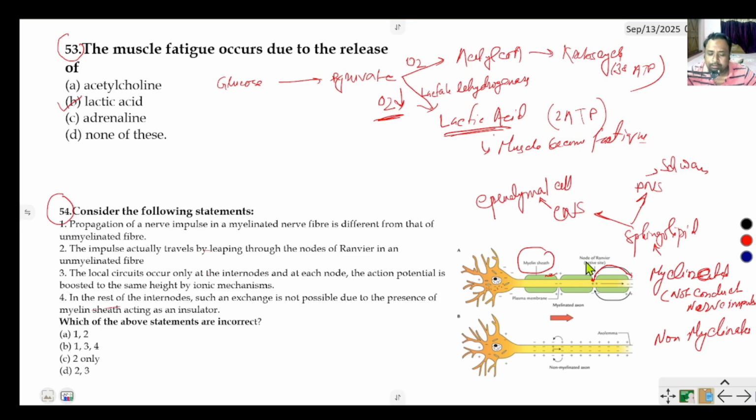So the nerve impulse moves much faster in a myelinated fiber, but in a non-myelinated fiber, the nerve impulse transfers smoothly through the neurolemma. If the myelin sheath is removed or breaks down, the nerve impulse transfers very slowly and causes different types of disease, like multiple sclerosis.